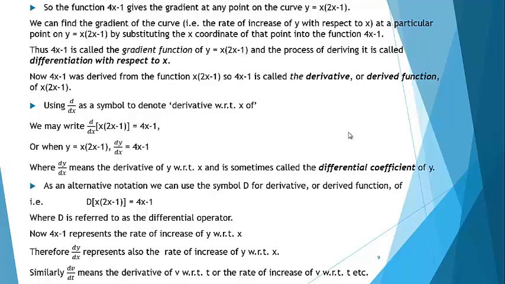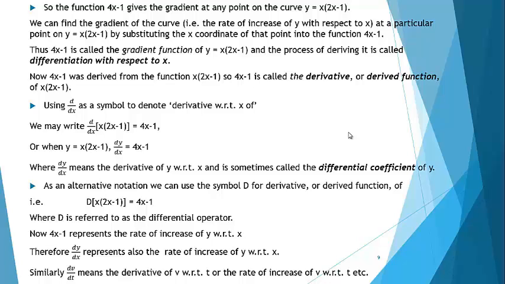As an alternative notation, we can use the symbol D for the derivative or derived function of, that is, D of x(2x − 1) equals 4x − 1, where D is referred to as the differential operator.